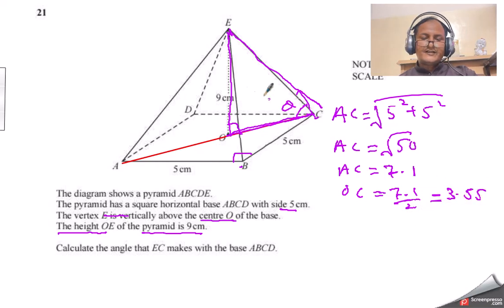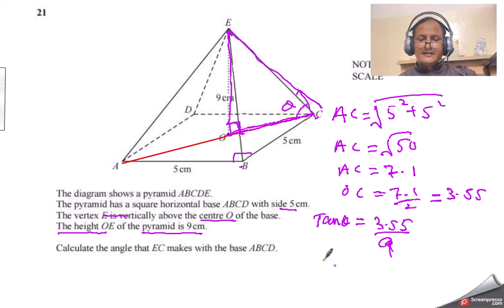Now we're supposed to find this angle, with the 90 degree angle over here, and we have the adjacent and the opposite. The tan theta is adjacent over opposite, that is 9.